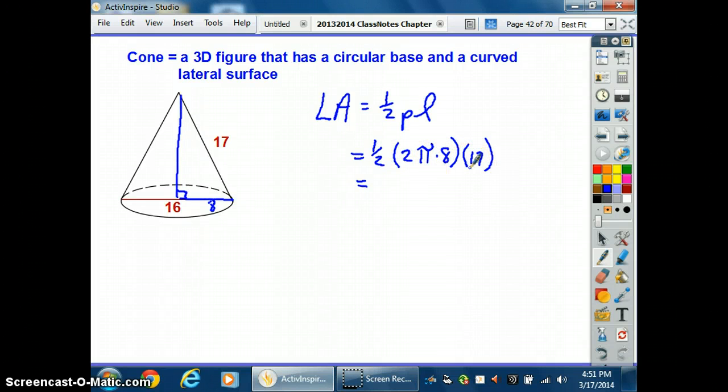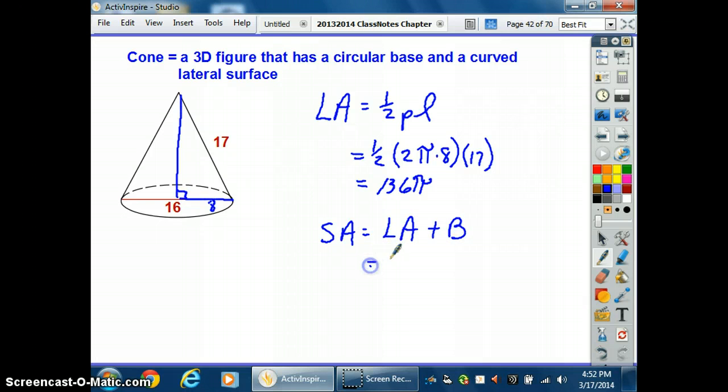I think I did this wrong. 1/2 the perimeter, 2 pi r, times the slant height, 17. Okay, 8 times 17, 136. Okay, 136 pi. Sorry about that. And now the surface area then is the lateral area plus 1 base.